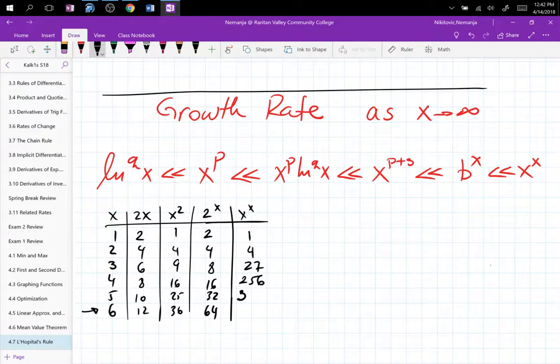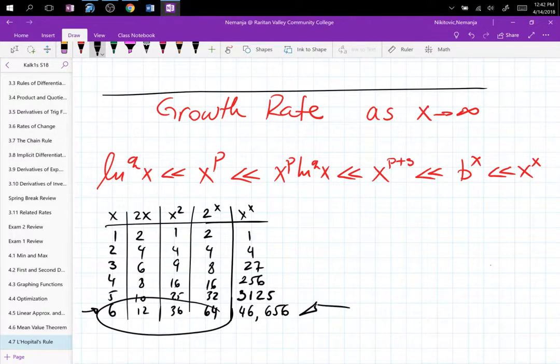I'll give you the first and the last two digits: 125. Okay, great. Look at that growth. Now 6 to the 6 is a really large value. Let's see. So 6 to the 6, what do we get? 46,656. Thank you. You see why I call it the boss? Right? The rest are still playing in sand. Look at this one. Right?